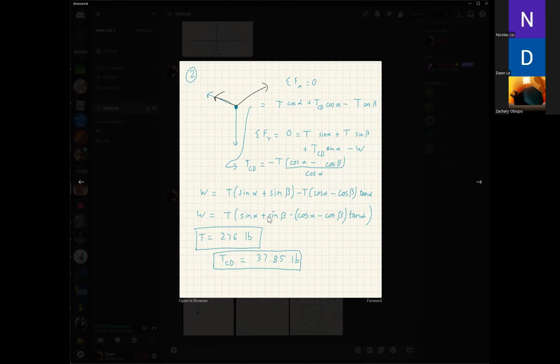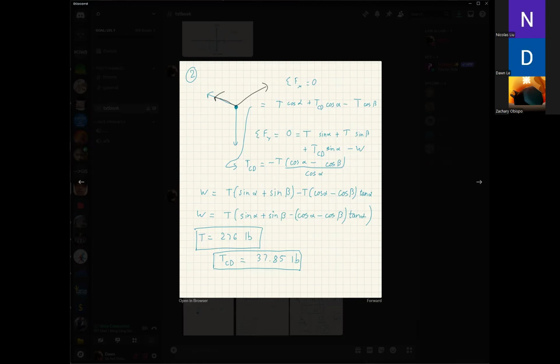Then I calculated using my calculator. I moved the entire thing over since I grouped up the T, and divided the weight by this part, and I got T. Afterwards, TCD was just plugging in the T value that we got. And yeah, that's about it.